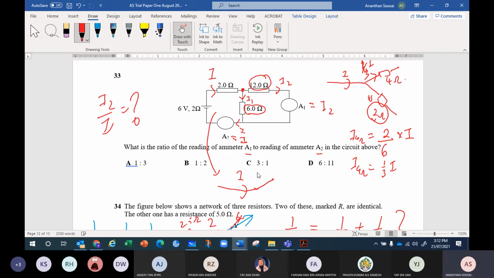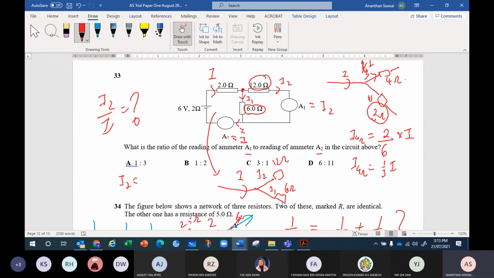One branch, I2, is a path of 12 ohm. Another path is I1 with a resistance of 6 ohm. Can you write I2 in terms of I?